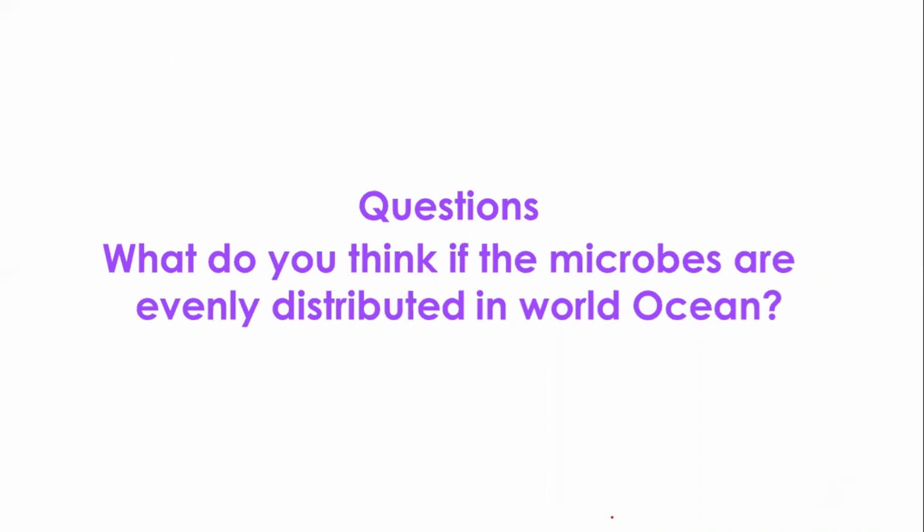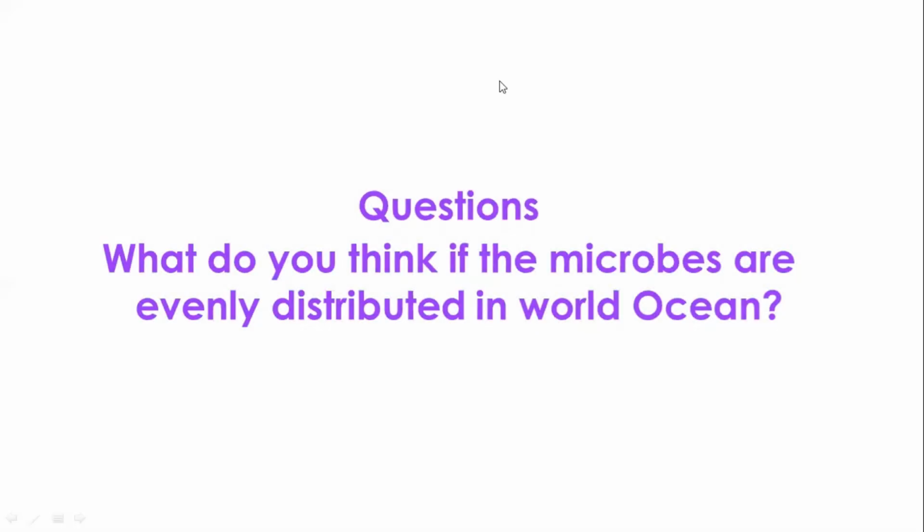Can you say that the same microbes are present in Indian waters and in Caribbean waters? First question is whether the microbes are evenly distributed; second, if not, what could be the reason; and third, whether there are temporal variations of the same species in different parts of the ocean. Anyone can answer this question, maybe briefly?